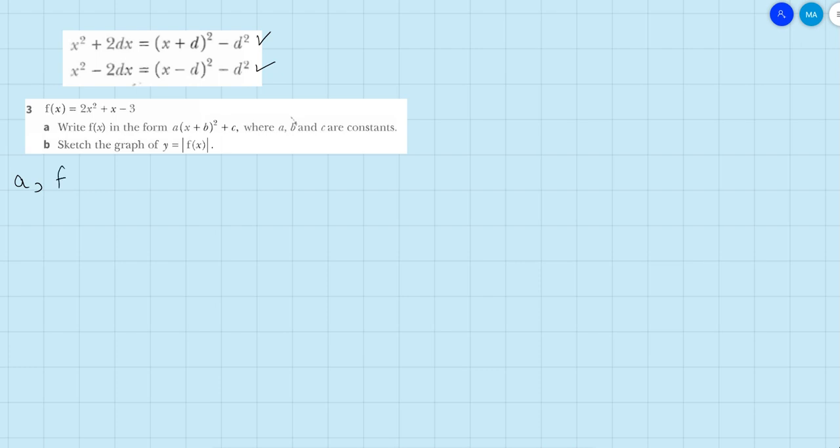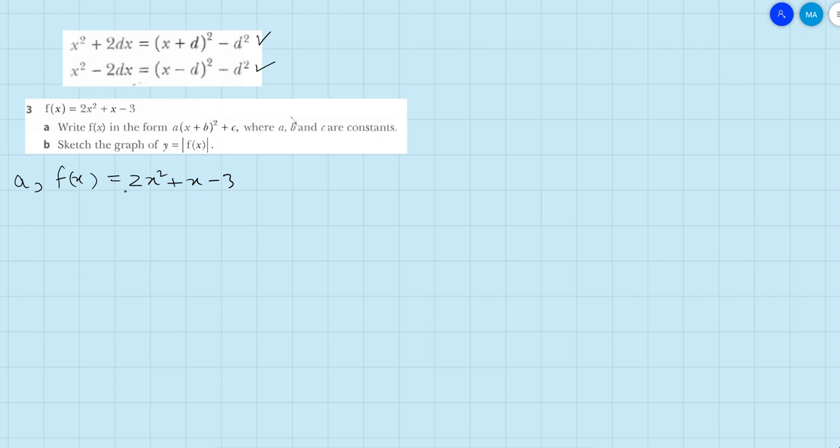Write f(x) is equal to 2x square plus x minus 3. You can take help from the above two formulas, x square plus 2dx. In order to apply the above formula, we should have the coefficient of the x squared term be 1, but here the coefficient of x squared is 2.